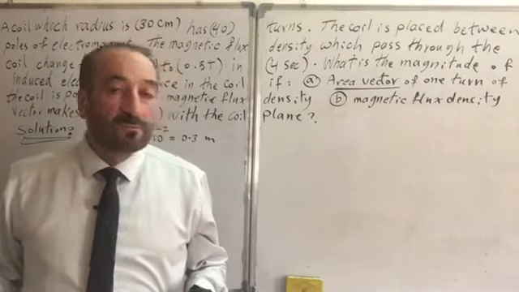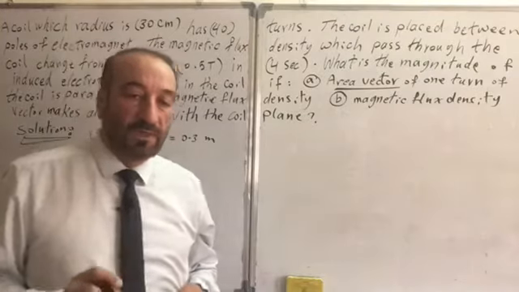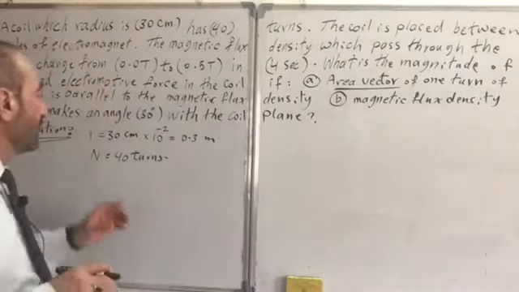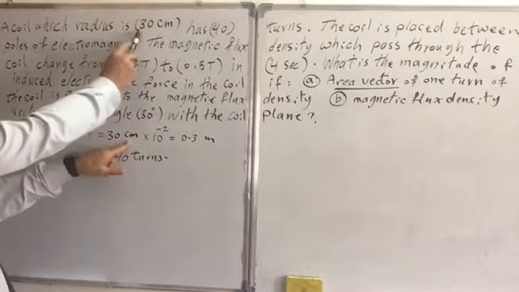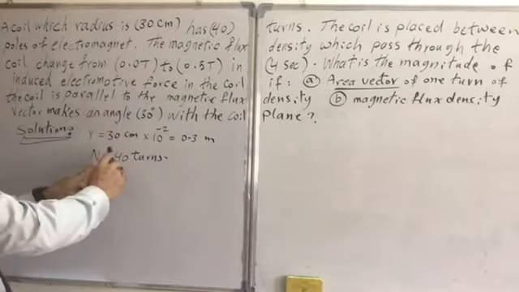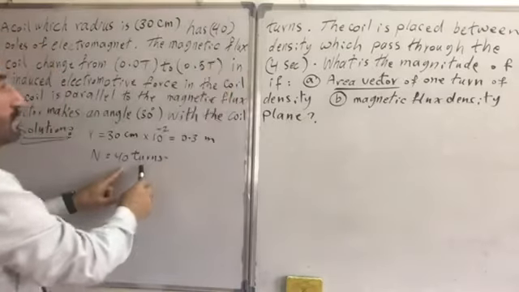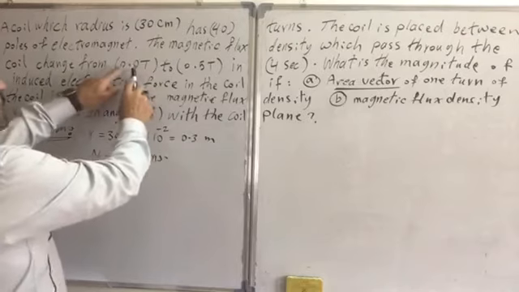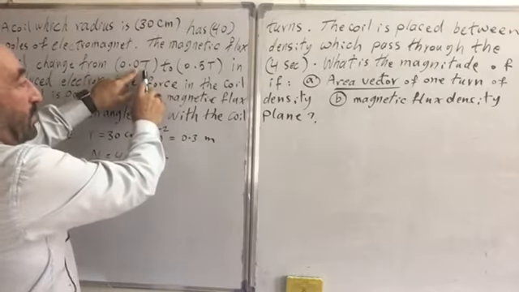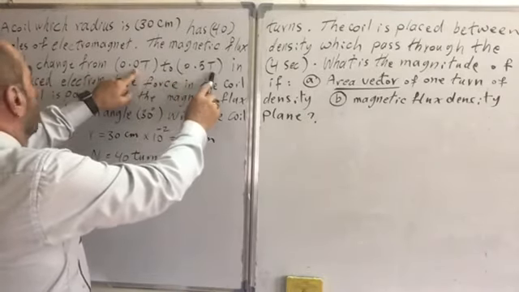First of all, we should find out the given. R is 30 centimeter. Number of turns 40. Change in the magnetic flux density, from 0.0 Tesla to 0.5 Tesla.